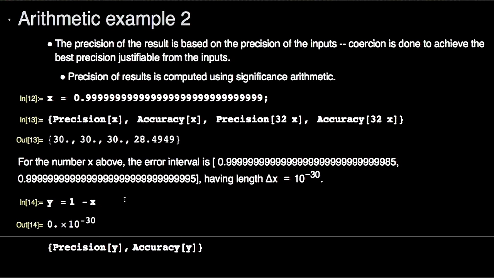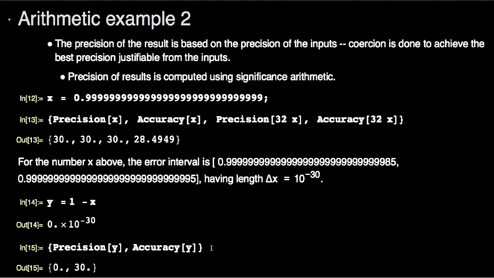Now if I look at the precision and the accuracy of this one, it has no precision because I don't know if any of those digits are right. But I still have information about that number, and that's why it shows this exponent, minus 10 to the 30th. Once I subtract 1 from this, I'm going to be within the interval between minus 0.5 times 10 to the minus 30th and plus 0.5 times 10 to the minus 30th.